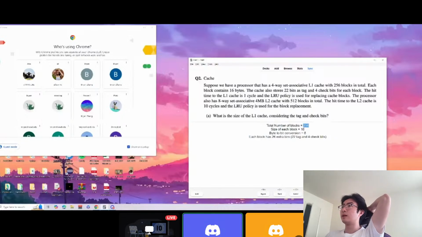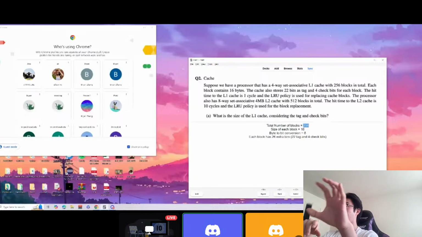Okay. How do you find the tag bits of a memory instruction? I think it should be of a memory address, not necessarily an instruction. So I think each memory address is split up into your tag, index, and offset.